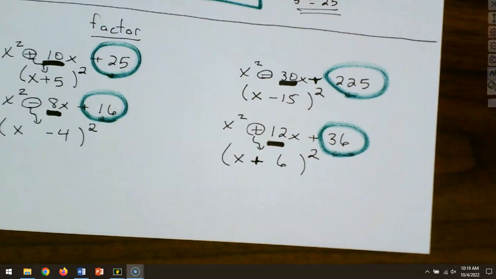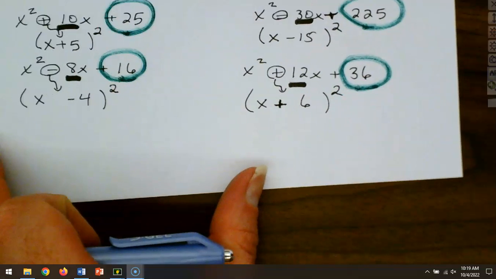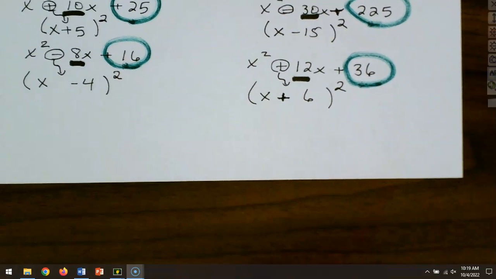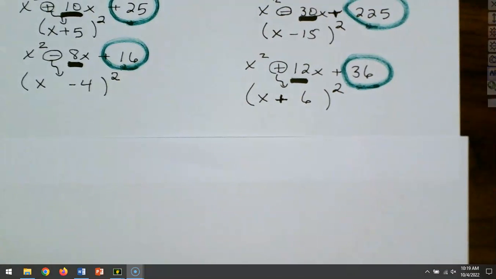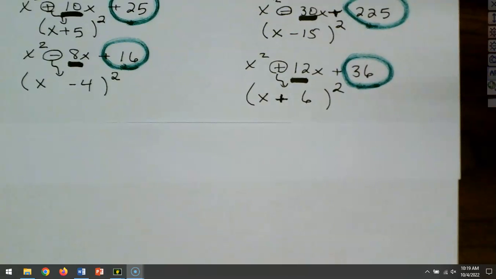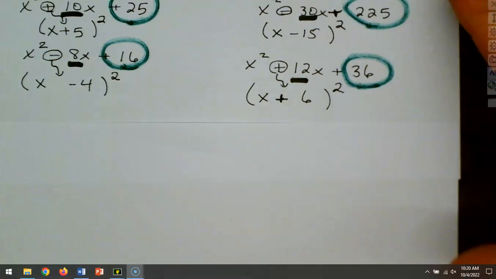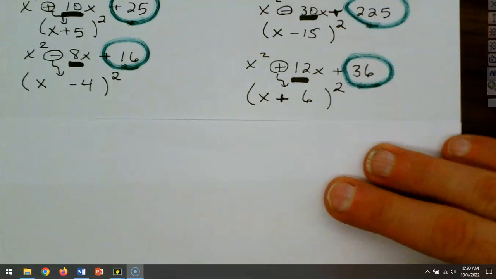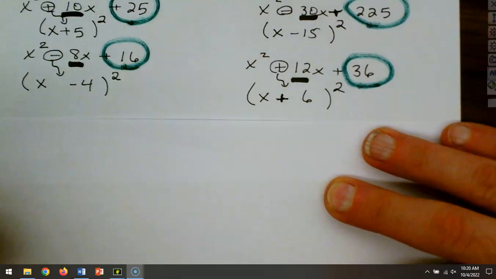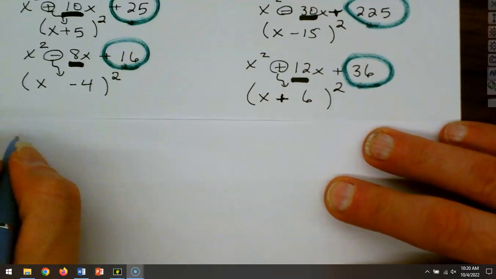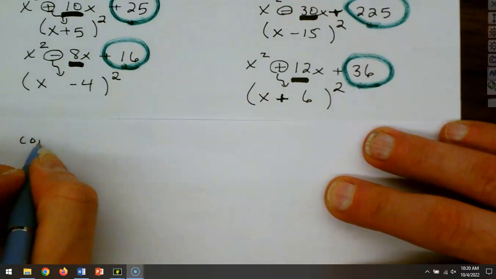We're going to be using this now to fill in the missing pieces. Because in some cases, you're going to be missing parts. And we're going to have to keep track of what we're missing and add something in to make it factor. Because we want it to be a square. So we're going to complete the square here.